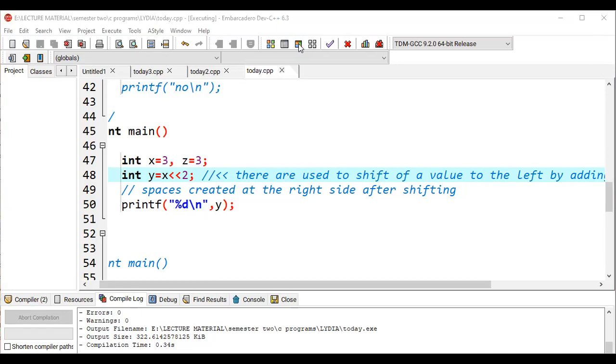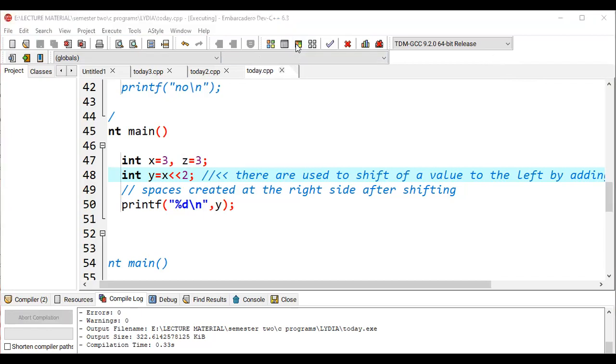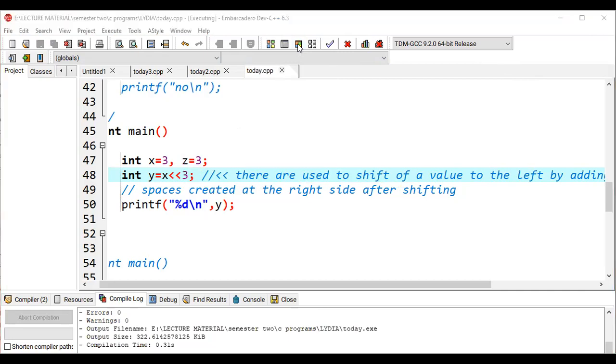Because if you put a 2, they become 12. Which multiple is this? When you put a 3, they become 24.